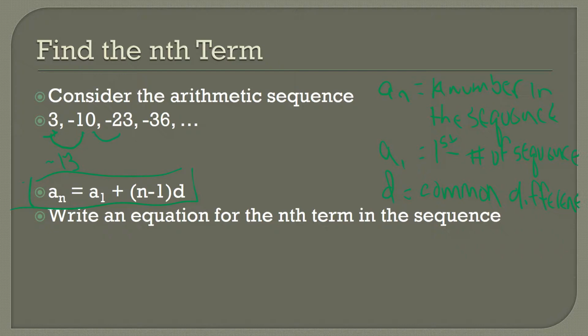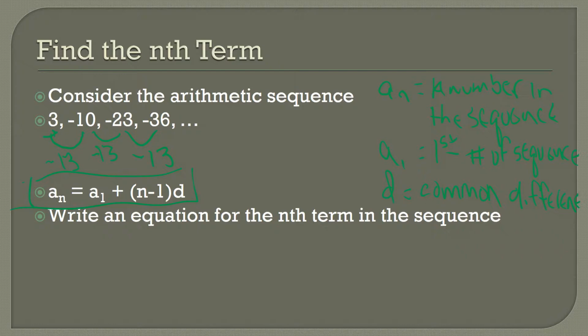And I'm just going to verify that holds true throughout. So if I go from -10 to -23, that's another -13. And from -23 to -36 is a third -13. So I'm satisfied that my common difference is, in fact, -13.